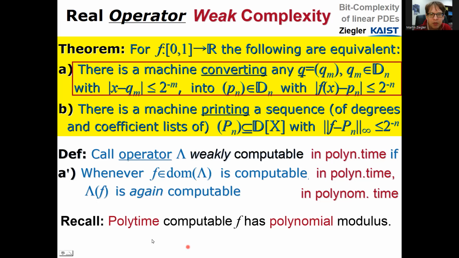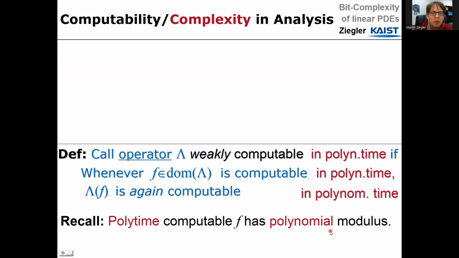So this is what I want to ask you to keep in mind, that a polynomial time computable function must have a polynomial modulus. That's already a kind of information theoretic constraint on computational complexity.